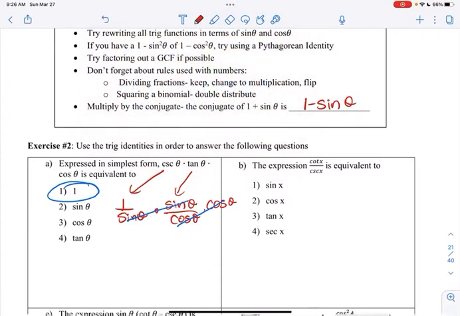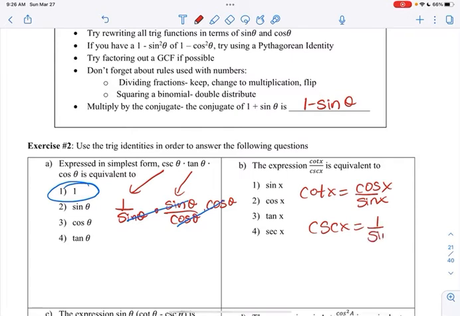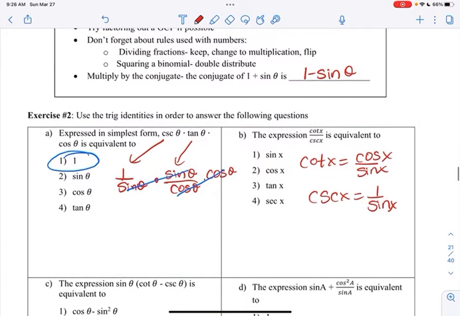All right, the expression cotangent over cosecant is equivalent to what? Well, cotangent equals cosine over sine. Cosecant is 1 over sine. But now remember, I am dividing those. So let me just do it like this. So I got cotangent of x, cosecant of x.